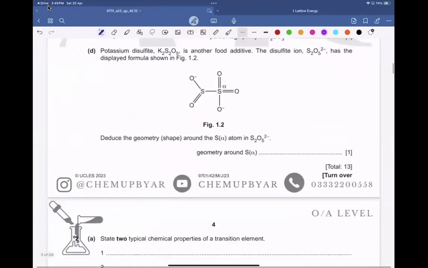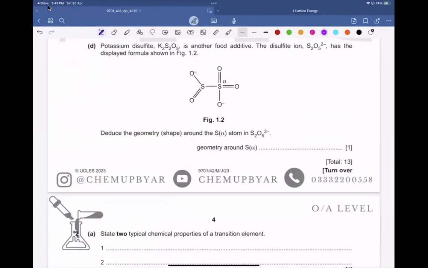Okay. Now, D part. Potassium disulfite, K2S2O5, is another food additive. The disulfite ion has the displayed formula shown in figure 1.2. Deduce the geometry around the sulfur atom in S2O5.